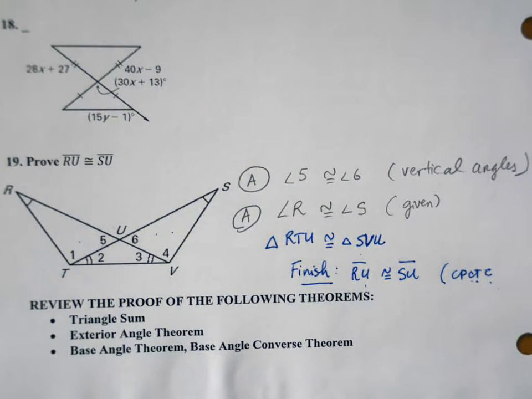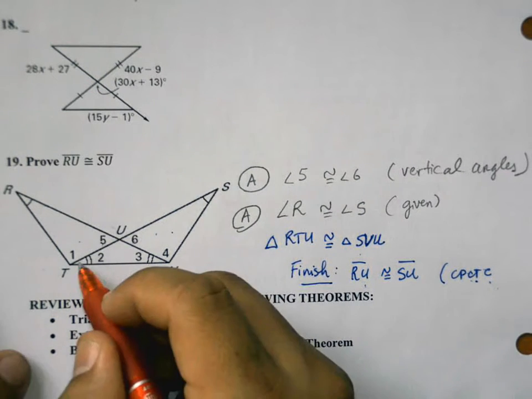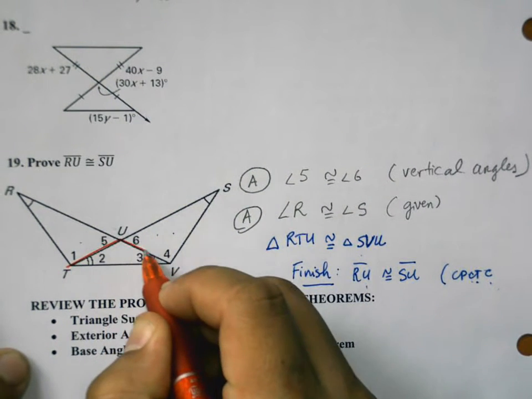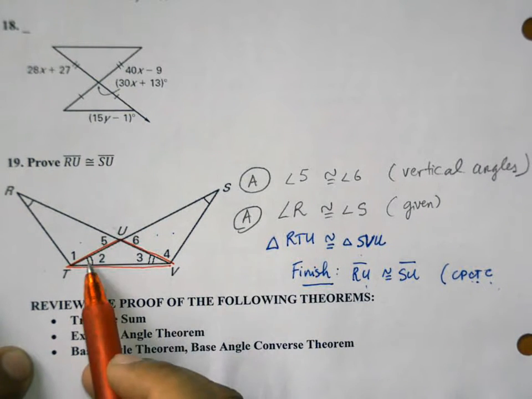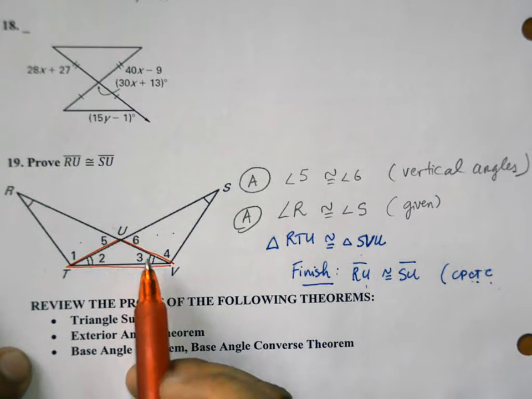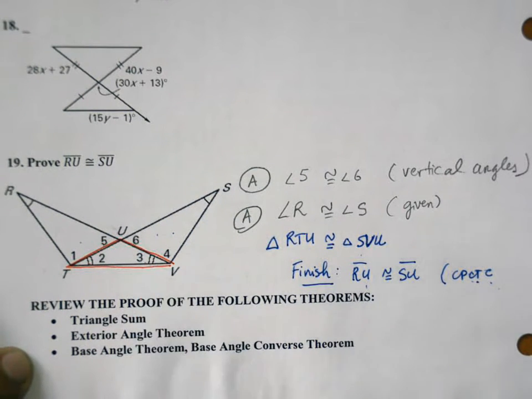It's just so nice that this is set up for us. If you look at triangle UTV, we have the base angles being congruent. And since the base angles are congruent, the sides must also be congruent.